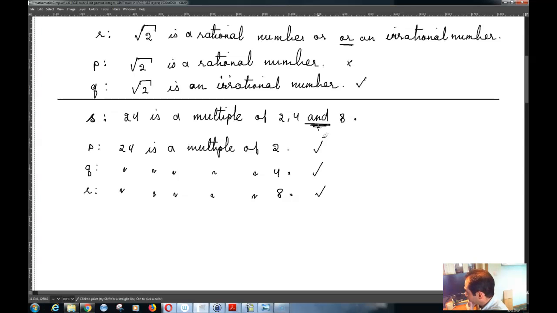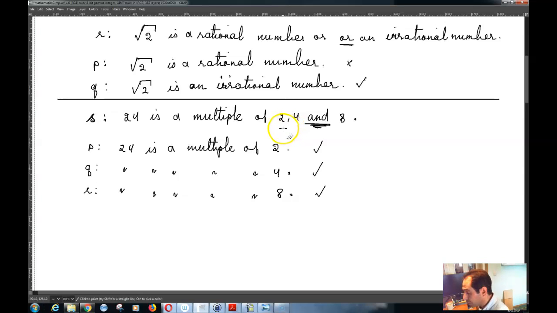We observe that compound statements are actually made up of 2 or more statements connected by words like and, or, etc. These words have special meaning in mathematics. We shall discuss this matter in the following section.